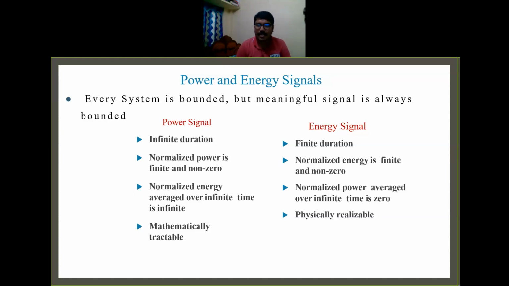For power calculations, we prefer to use only voltages, so we'll prefer P equals V squared by R.